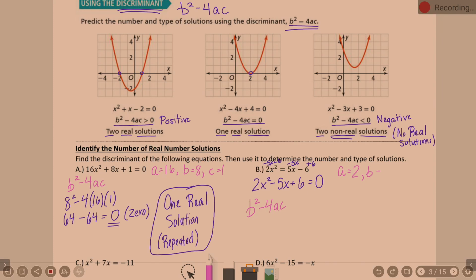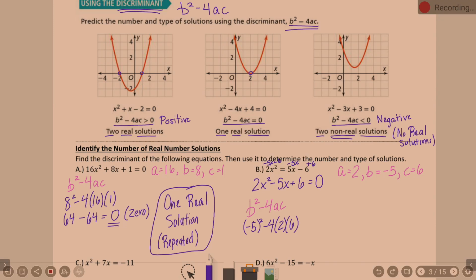B is negative 5, it's in front of x. And C is 6. Do the math. B squared, I'm putting in negative 5 squared minus 4 times A, which is 2, times C, which is 6.